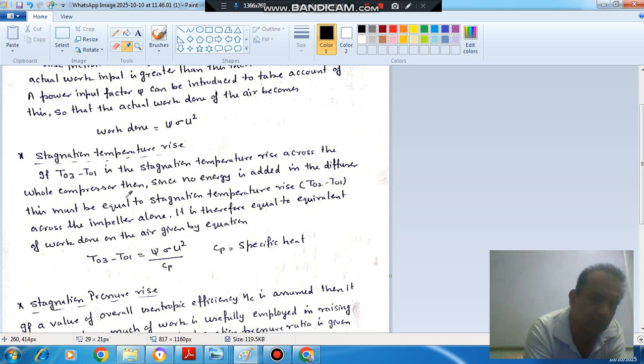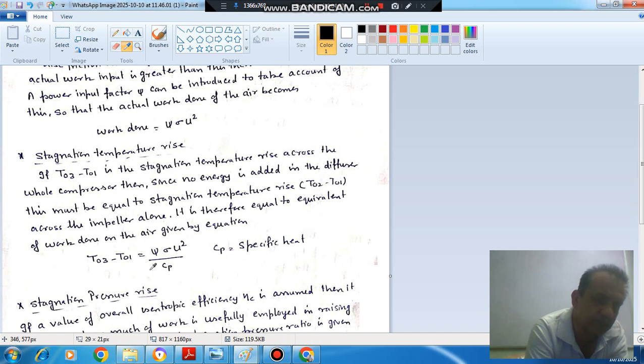Stagnation temperature remains constant, so T03 minus T01 is equal to T02 minus T01. Because the impeller is imparting energy to the air only. No work is done in the diffuser. So the impeller work is responsible for the temperature rise of air. So this work done must be equal to energy imparted to air.